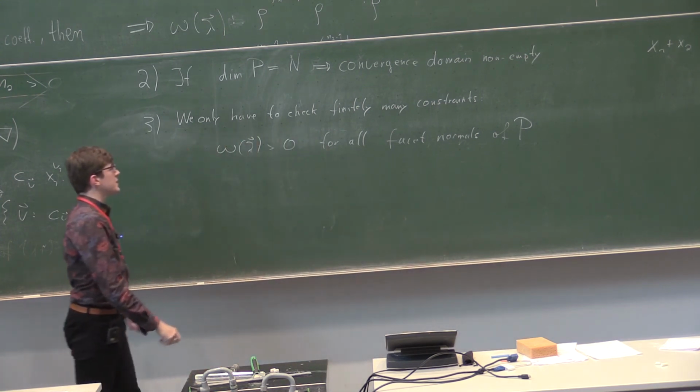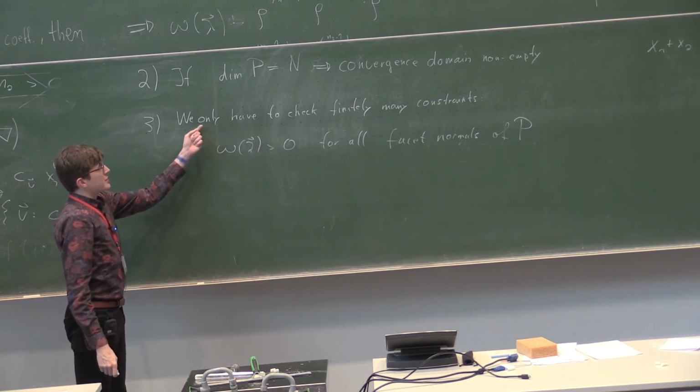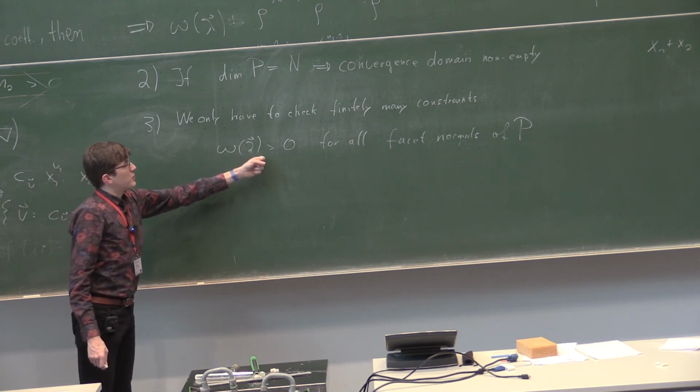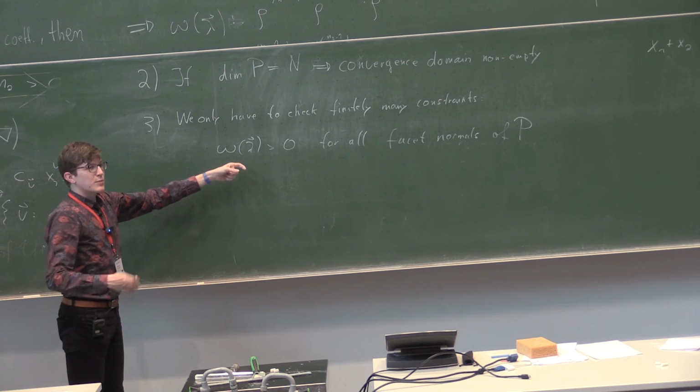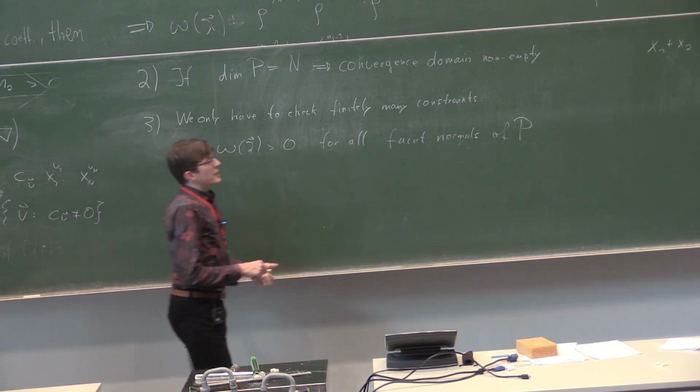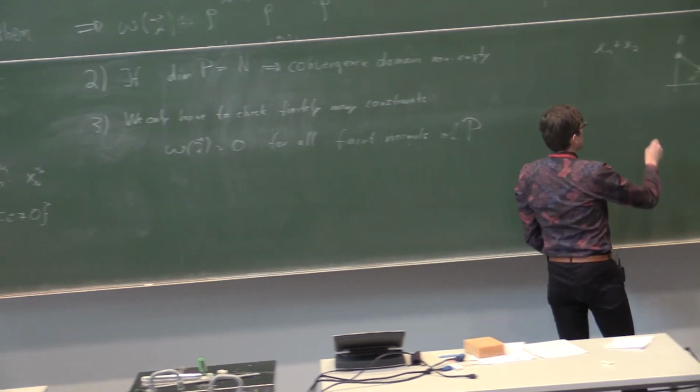So what does this mean? In order to be finite, to be convergent, we have to check that omega is positive everywhere, we have explained that this is equivalent to saying that we are in the interior of the polytope. And how do you check if you're in the interior of a triangle?